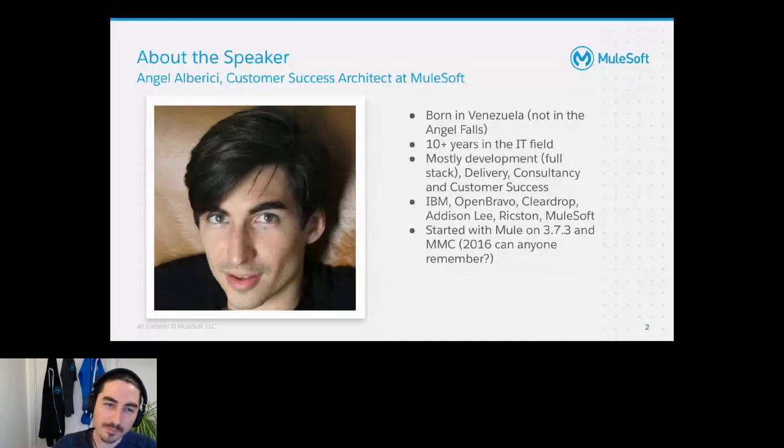Professionally, it's more than 10 years in the IT field, mostly development, including delivery, consultancy, and now customer success. I also worked as a kind of full stack, with jQuery, AngularJS, and Backbone.js.